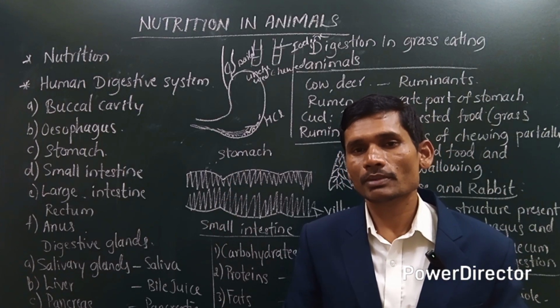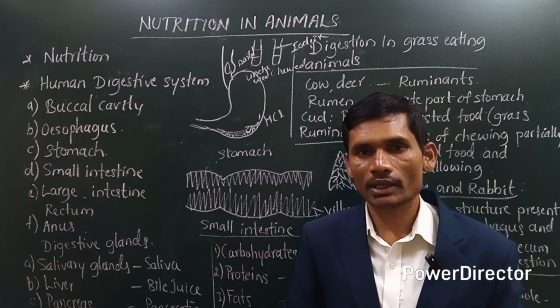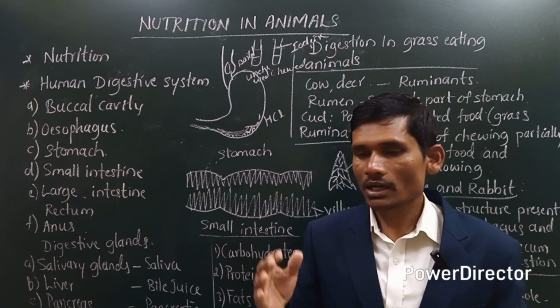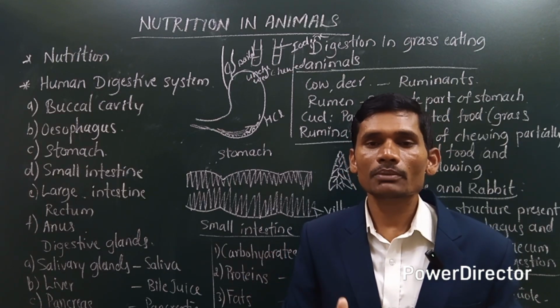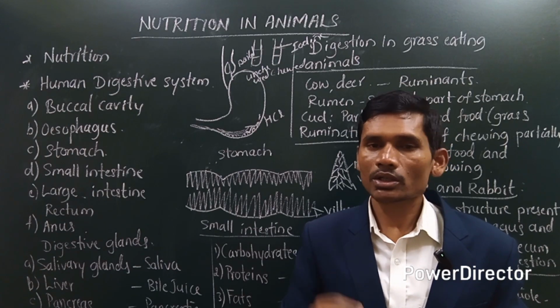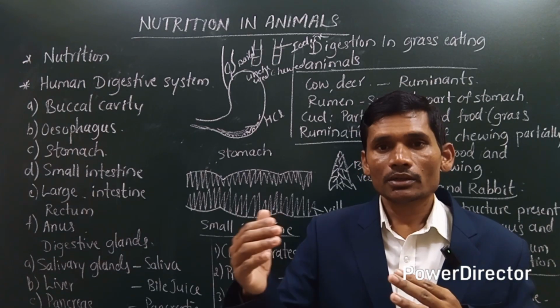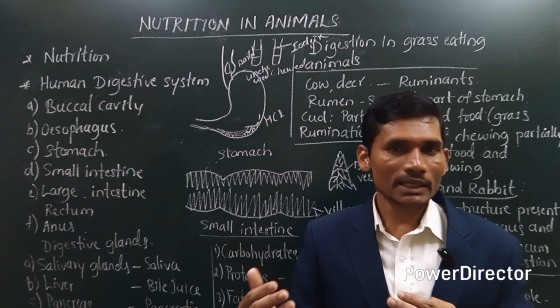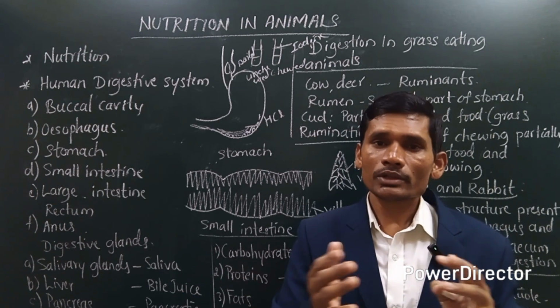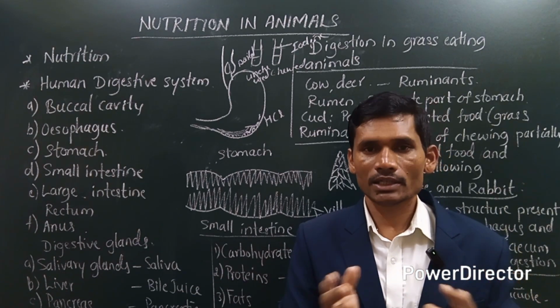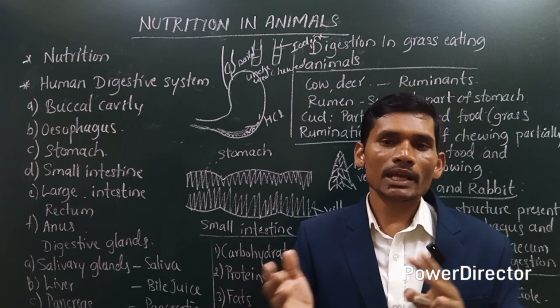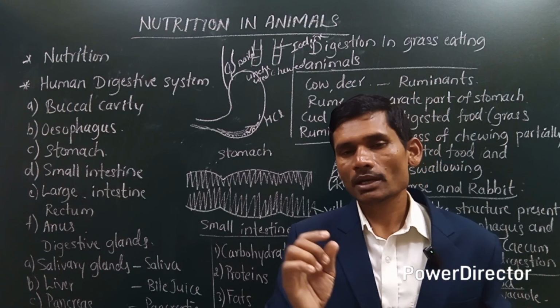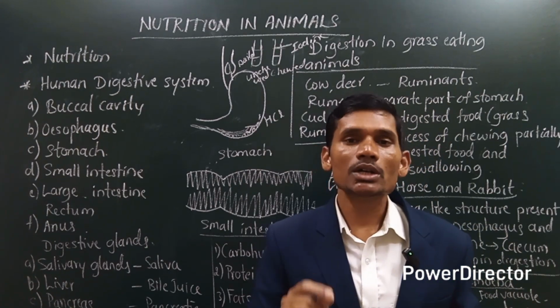Then there must be some special process for that. What is that? These cow and deer have a separate part in their stomach called rumen. Whatever food they eat in a hurry goes and is stored there. Half digested food, partially digested food, is stored in what? A separate part of the stomach called rumen.